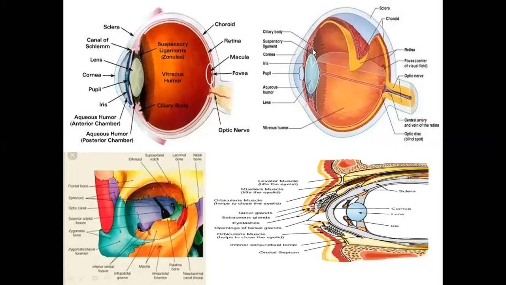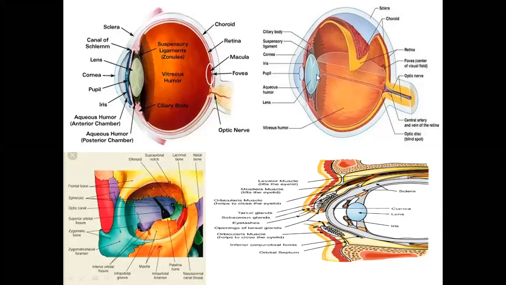Okay, then what happens when the ciliary body becomes relaxed? These zonular ligaments become tight, and they completely grip the lens and flatten it. So this is for far sightedness.